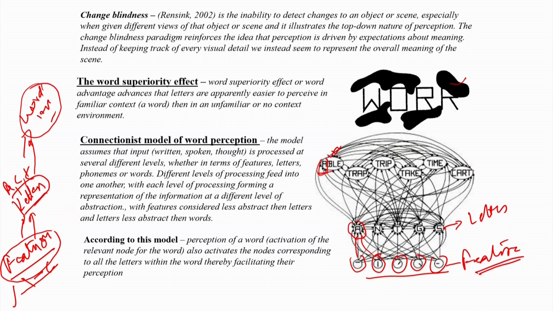So, if the perception happens from this level down, it is generally a top down process, and if the perception happens from this level up, it is generally the bottom up process. What the top down process suggests is that it is not only the stimulus features of the words that help us in perception.